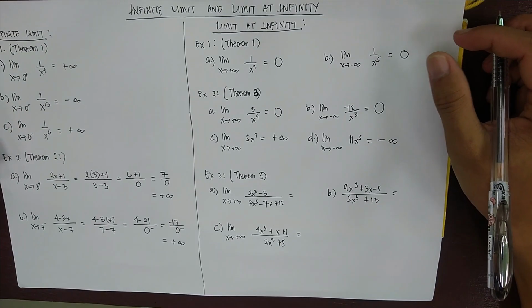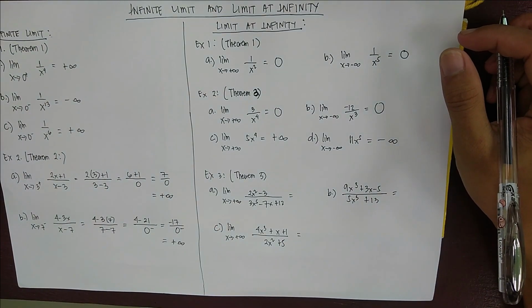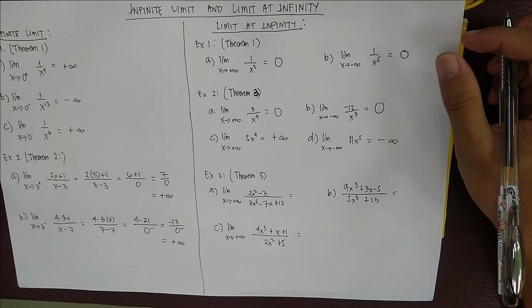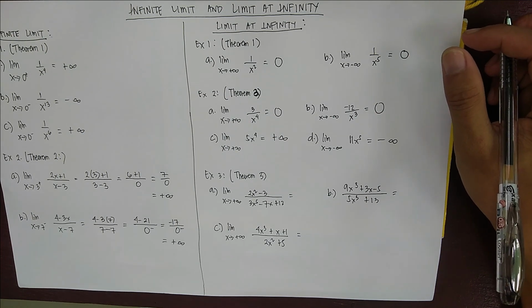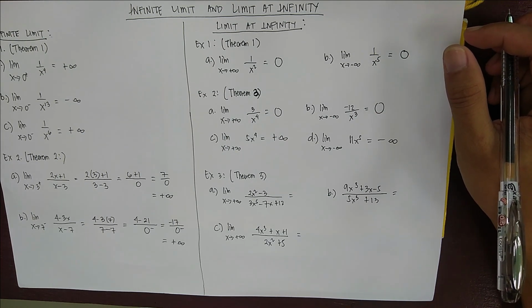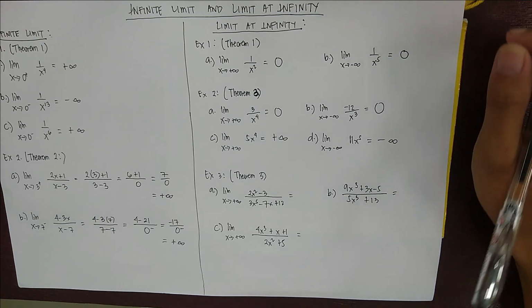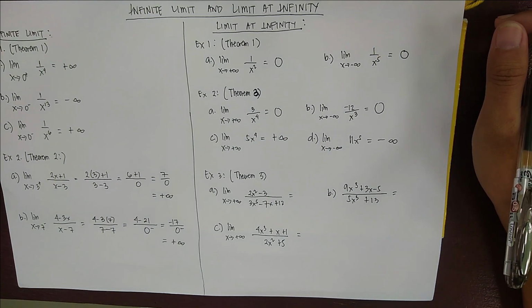Now let's have another example. For this example, we will be applying the limit at infinity theorem number 3. Here for our A, we will be applying theorem number 3A.